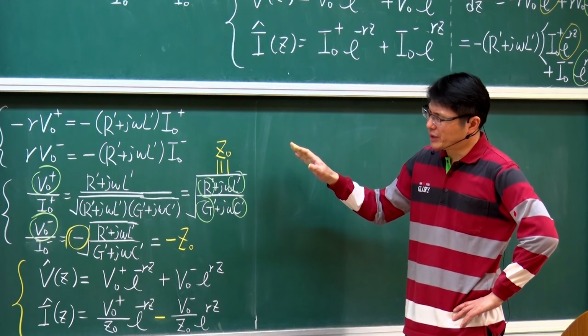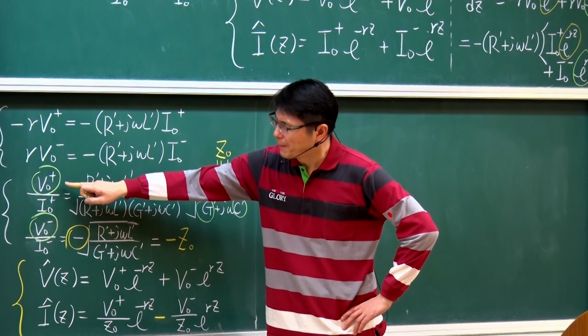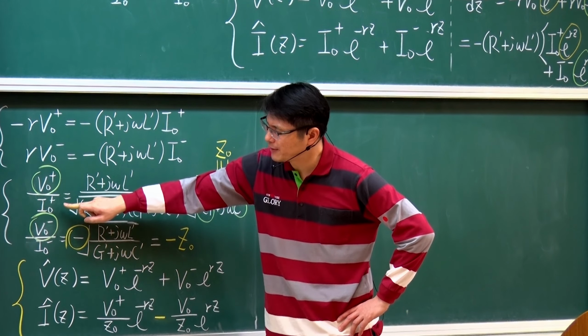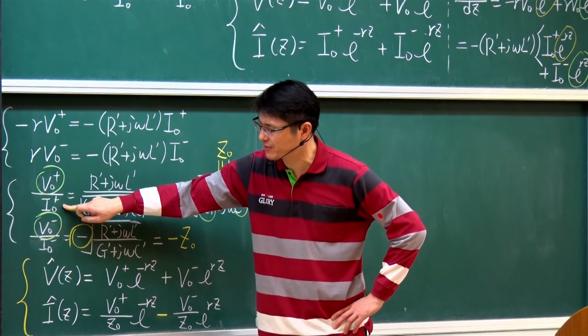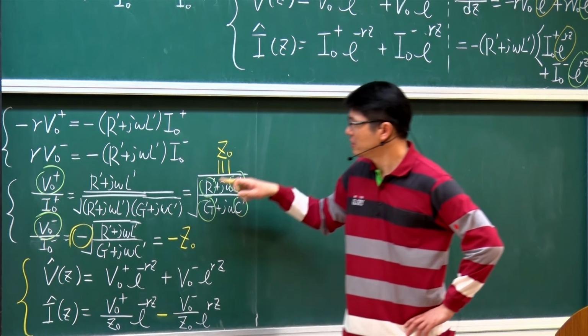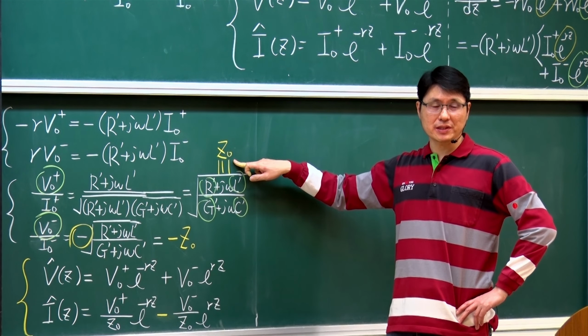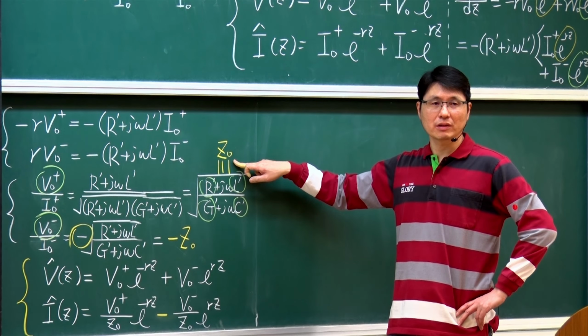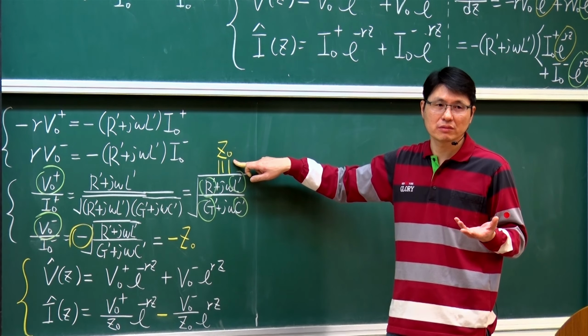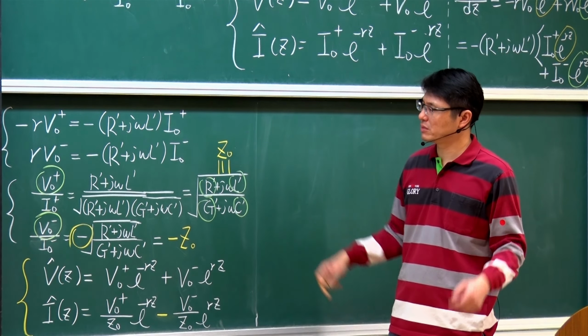But now the issue is that the positive voltage divided by the positive current amplitude is indeed the characteristic impedance, which is provided for you as a transmission line parameter.